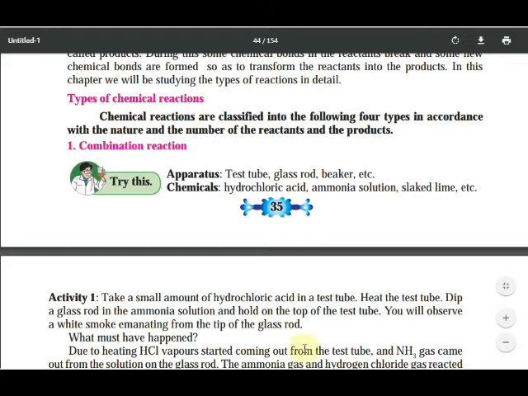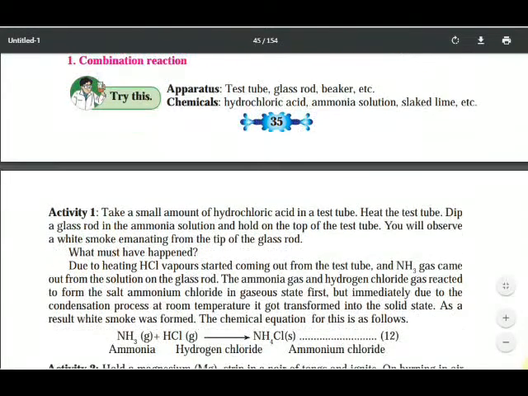Understood? Now this ammonia gas and hydrogen chloride gas reacted to form the salt ammonium chloride. They react together, and what is formed? A salt formation. Salt of what?